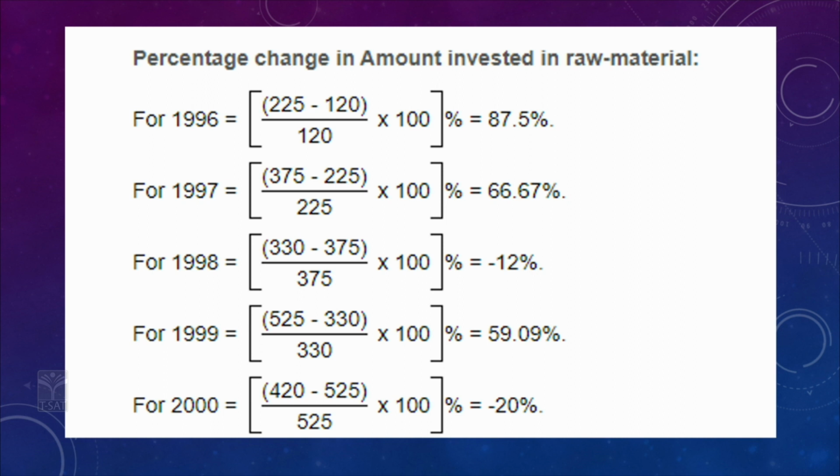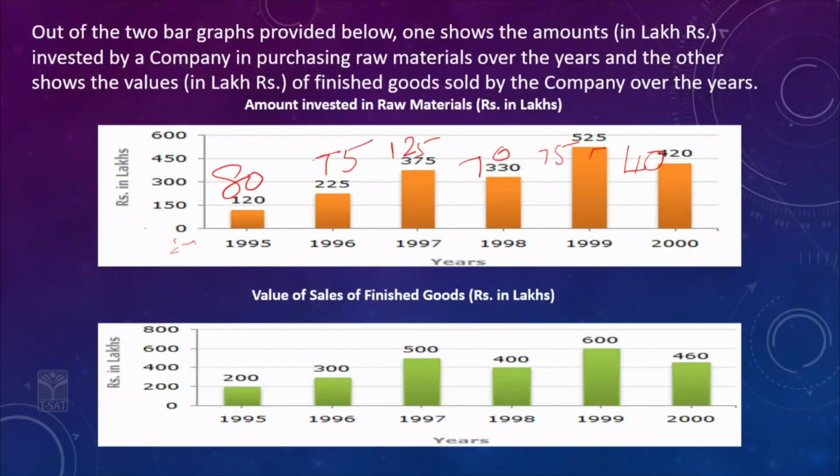Now, if you have any doubt, we will check with the previous diagram. So, the first one is 225, and in 1995 it is 120, the difference is 225 minus 120, and you have to divide it by 120.